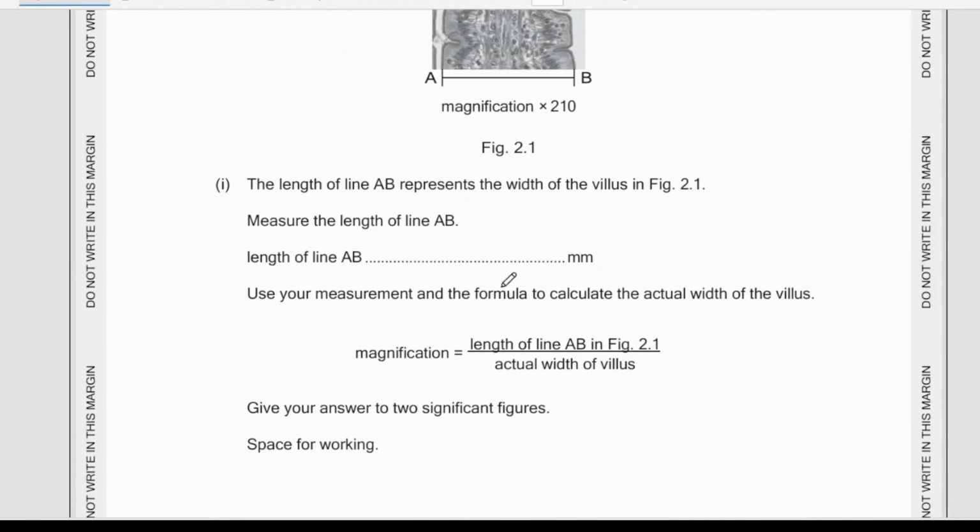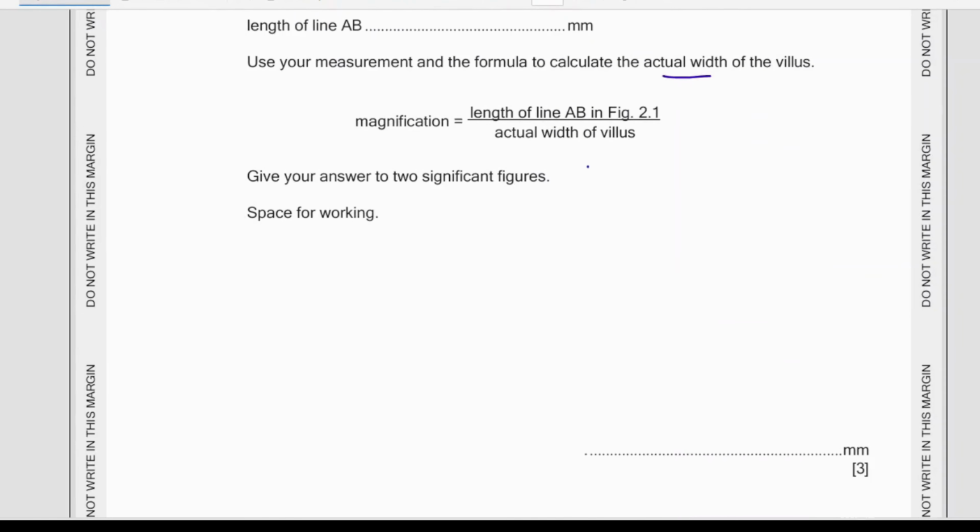Okay. Calculate the actual width. What is the formula for actual width? Actual width is equal to image size over magnification.